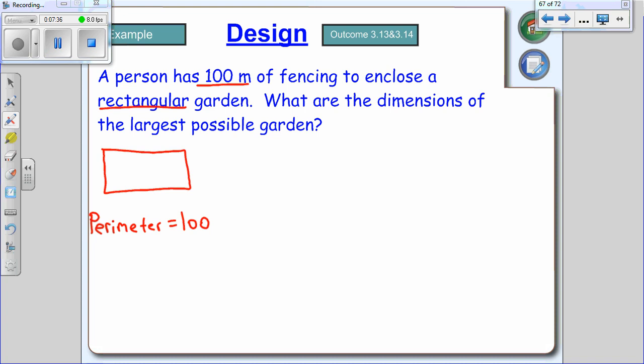What are the dimensions? Dimensions means length and width. What is the length and width of the largest possible garden? That means largest area. That's what I'm looking for. What length and width give me the largest area?